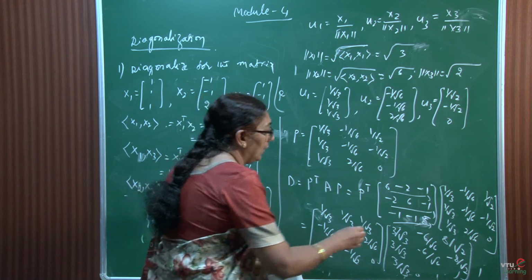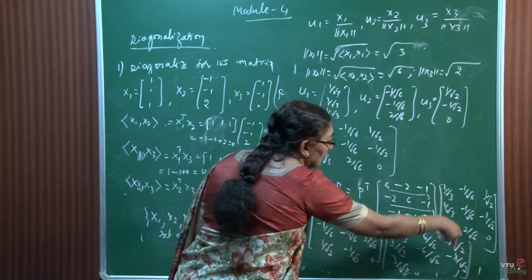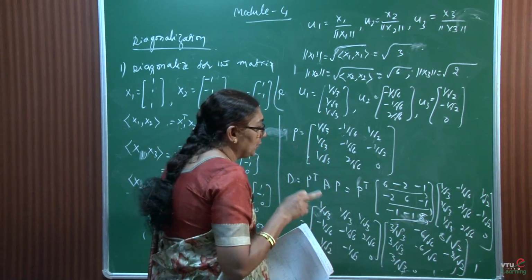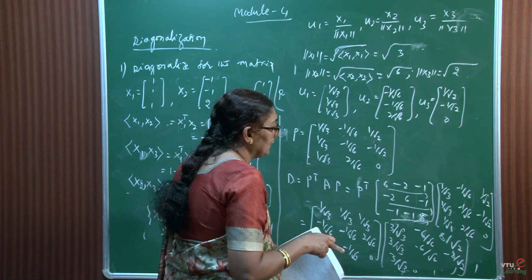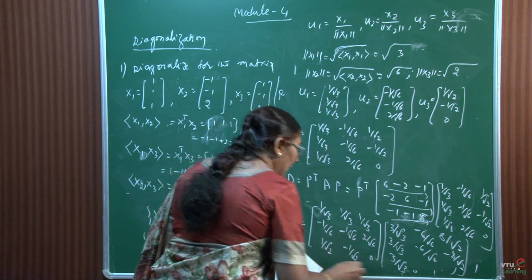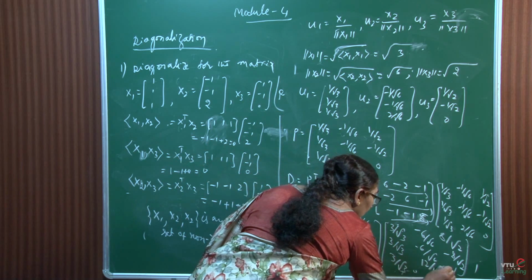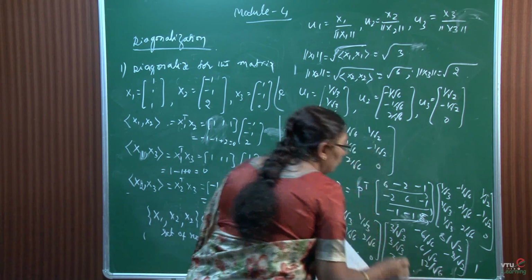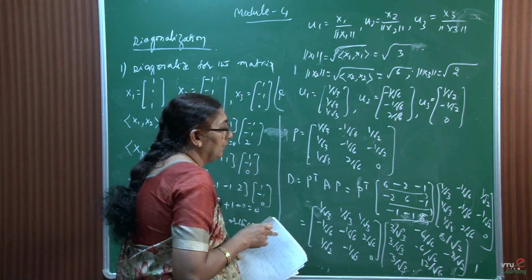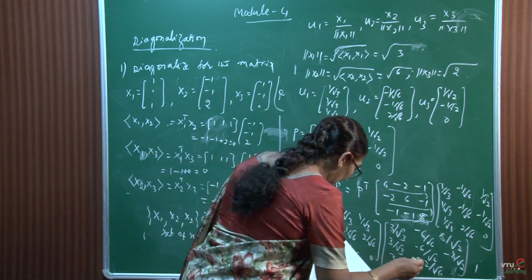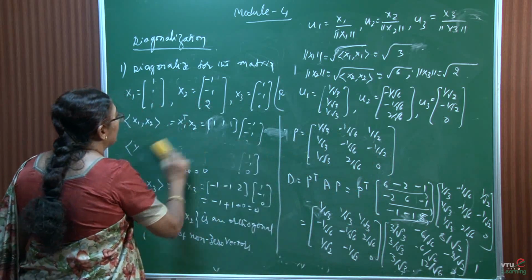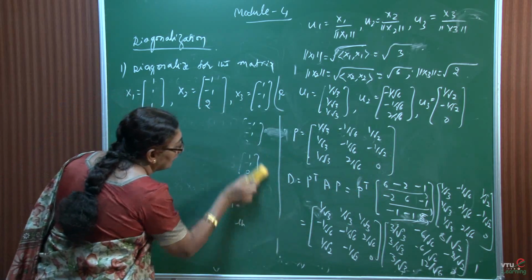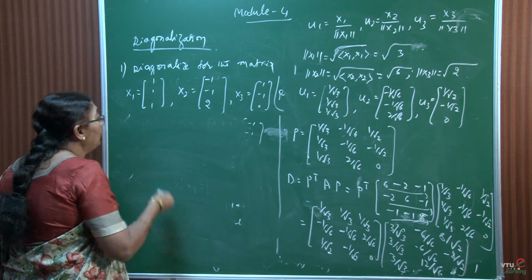And then multiplied with the second column, minus into minus plus 1 by root 6, plus 1 by root 6, we get 2 by root 6, plus 10, we get 12 by root 6. Okay. And then multiplied with the last column, minus into minus plus, these two are cancelled, we get 0. Once we get 0, then you multiply.